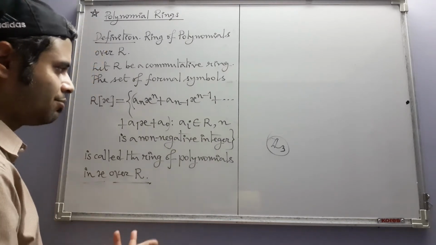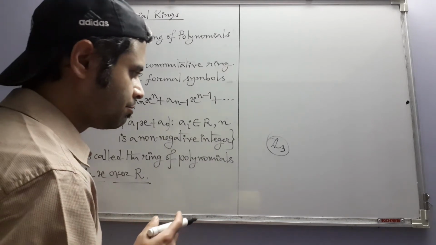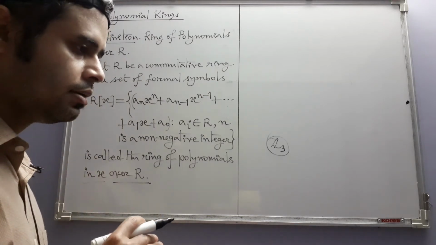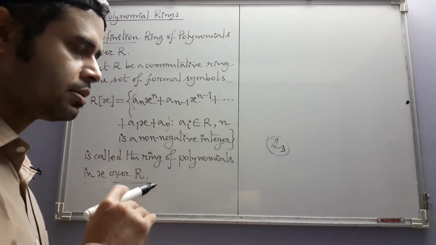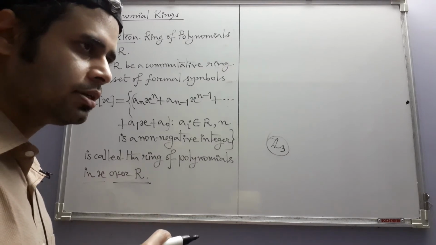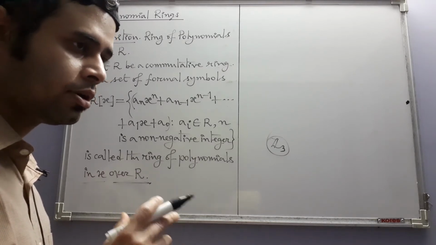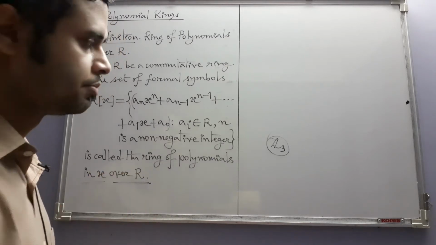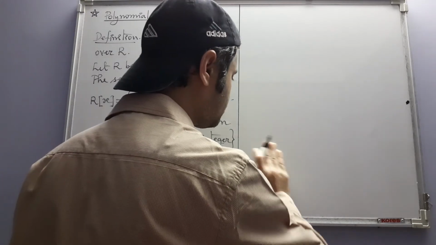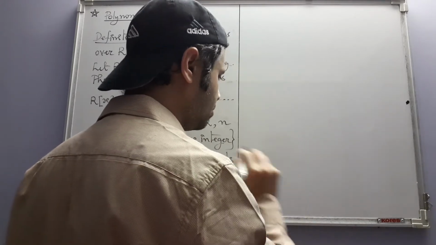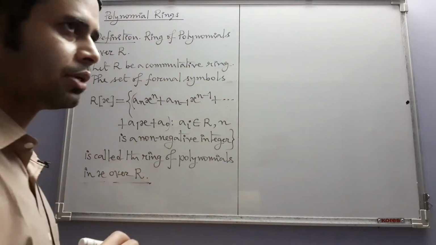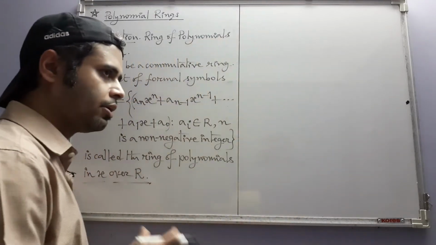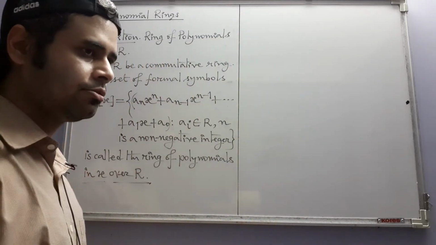Coefficients I am saying because we are familiar with these terminologies. In fact, when in elementary school we transitioned from arithmetic to algebra, polynomials are the first thing which we encounter. When we were told about algebra in school, before algebra we did not know anything about variables.